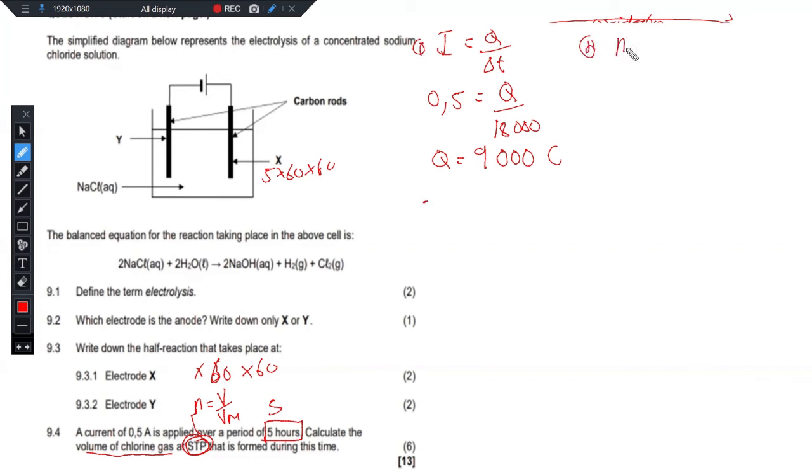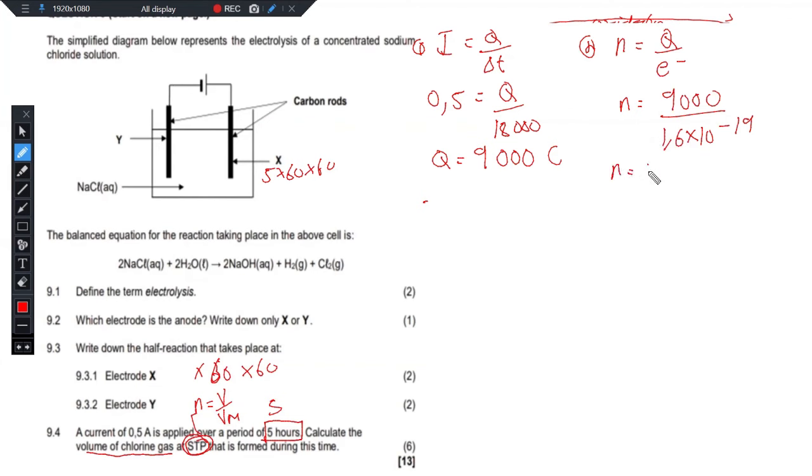Now from here, you need to use the formula. So number 2, you want to say n = Q over e, right? We are working at it backwards. And this n is what we are trying to calculate, with Q as 9,000. The e here is the charge on the electron, which should always be substituted as 1.6 × 10⁻¹⁹. In your data sheet, it appears as a negative, but because your n here should always be a positive integer, you will have to substitute it as a positive. So note that.